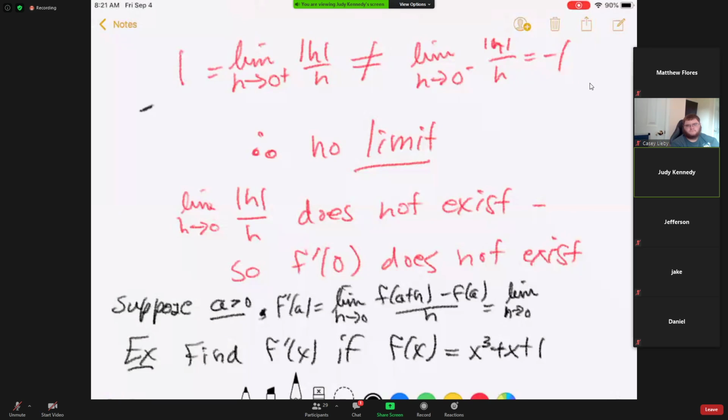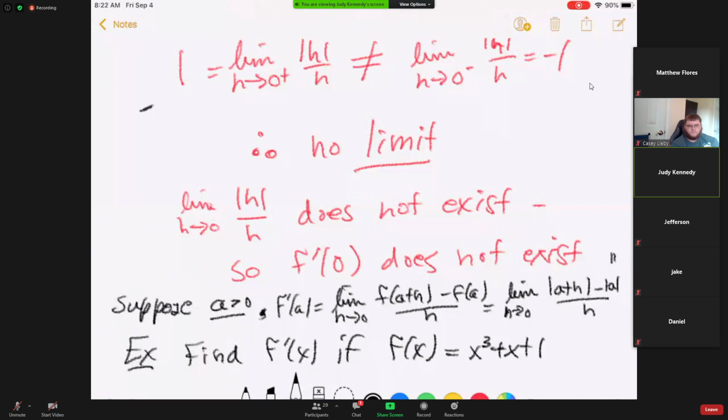a plus h is positive, and that means the absolute value of a plus h minus the absolute value of a over h. Totally out of room, let me go up here.